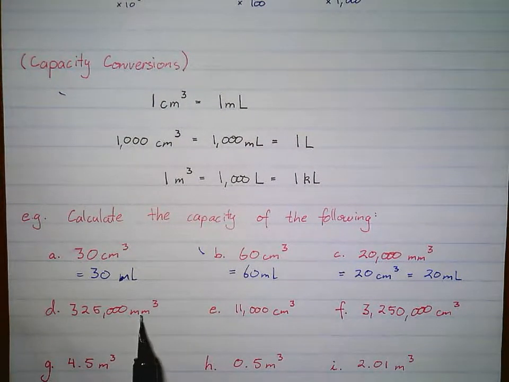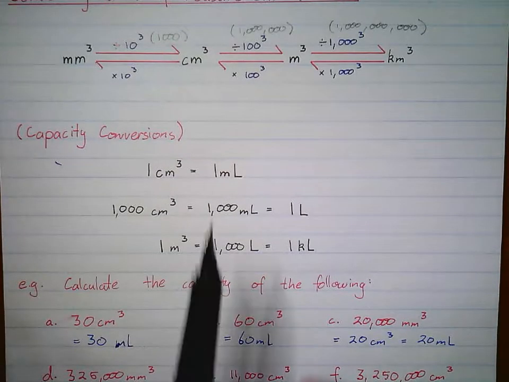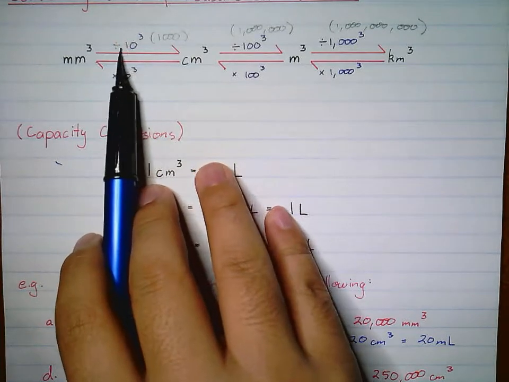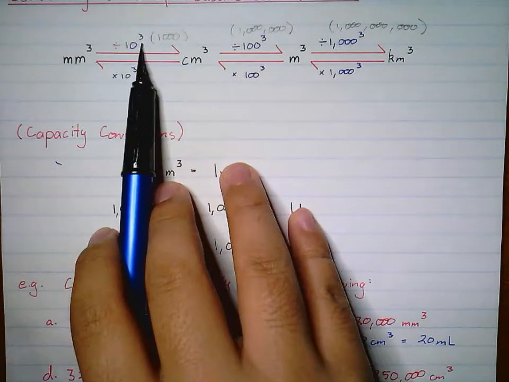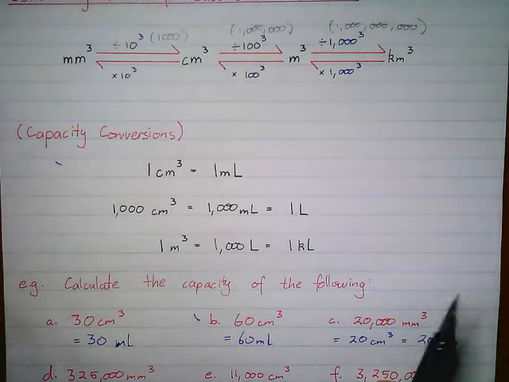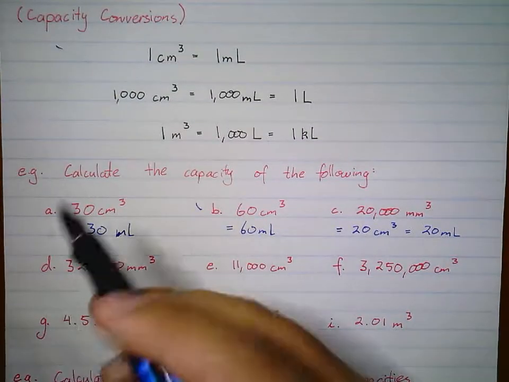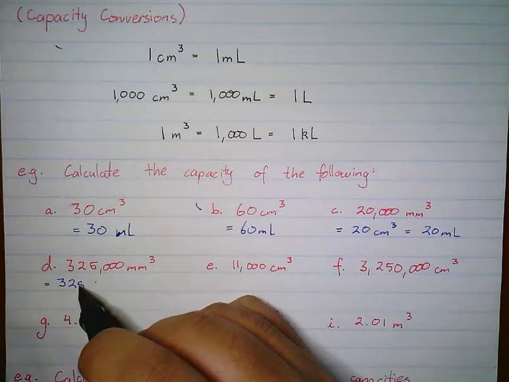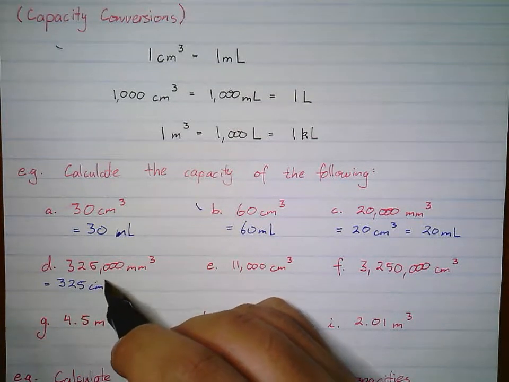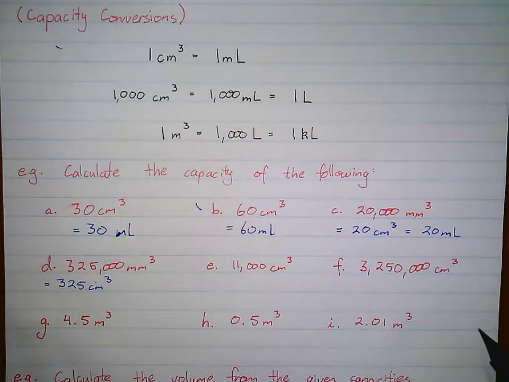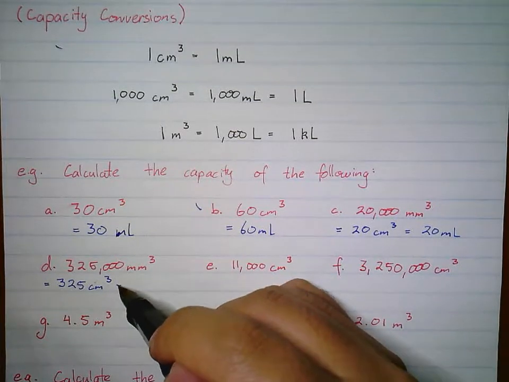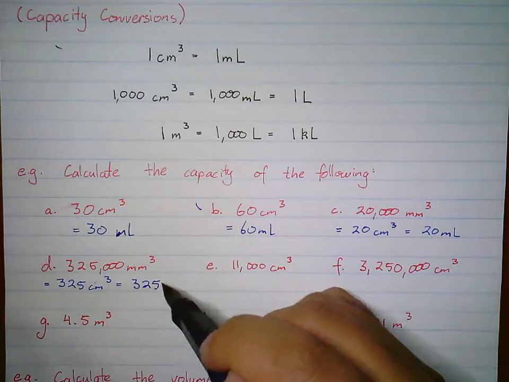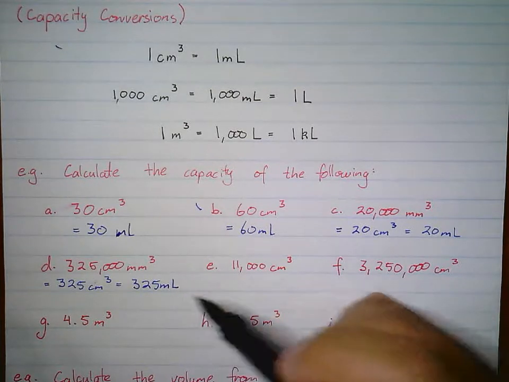Moving on. 325,000 millimeter cubed. Once again, we should convert it to centimeter cubed by dividing by 1,000, which is 10 cubed. So dividing this by 1,000 gives us 325 centimeter cubed, which in turn we're able to convert to 325 milliliters.